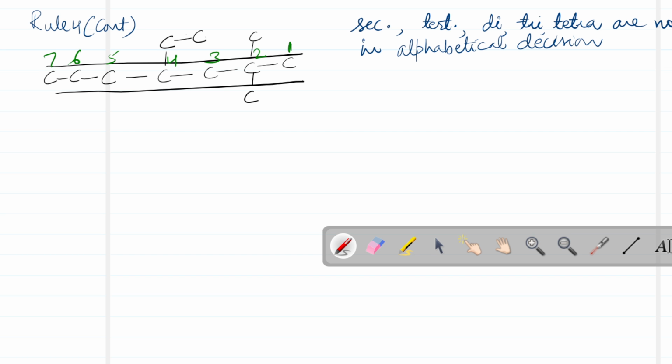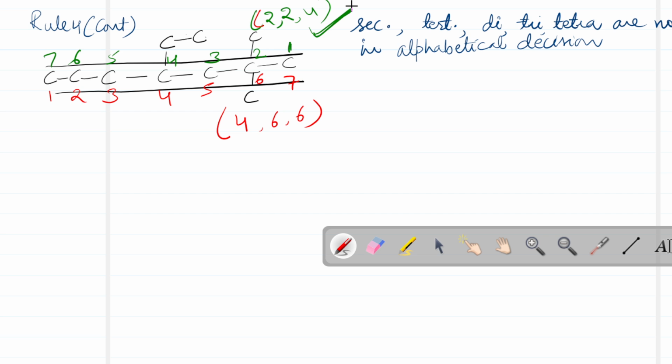Another possible way to give the numbering: the set of locants for the numbering in green font is 2, 2, 4, and for the numbering in red font the set of locants is 4, 6, 6. Here the first point of difference is 2 in green and 4 in red, so the green one is the correct way of numbering.